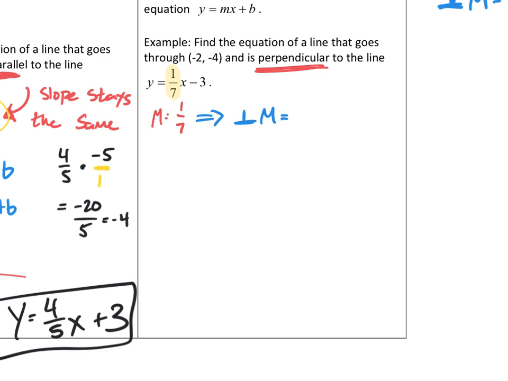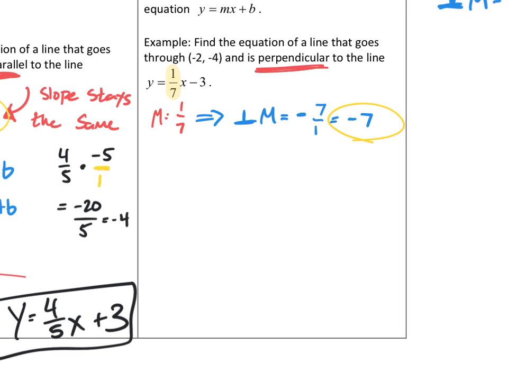Well, that means I have to change the sign, so it would be negative, and then flip the numbers. Well, instead of being 1 over 7, it would be 7 over 1. Can I reduce that? Yeah. What's anything divided by 1? Itself. So the slope is really just negative 7, okay?